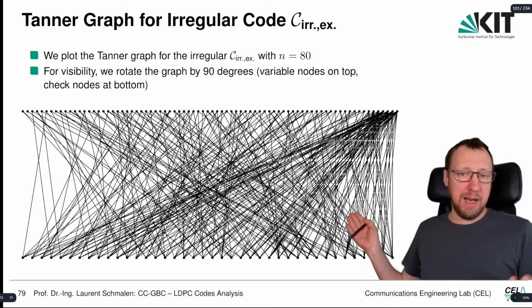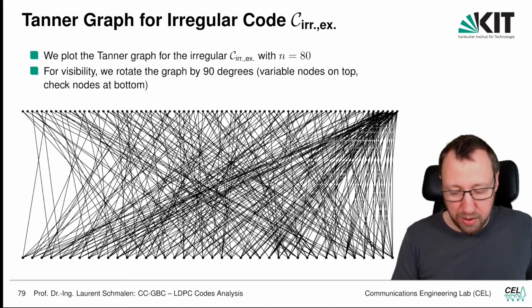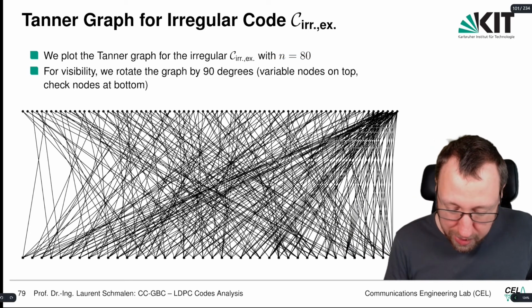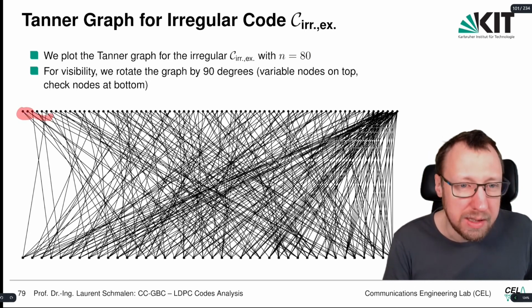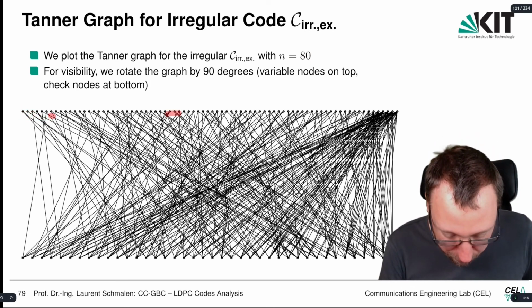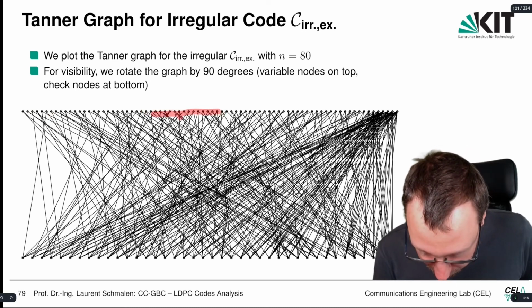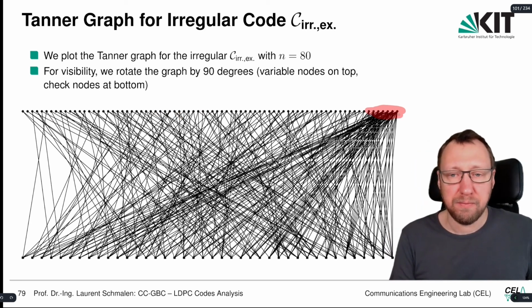Here is an example Tanner graph that you see in the back. We plot it for n equals 80. You can see that here we have variable nodes of degree 2, if you look closely. Here we have variable nodes of degree 3, and here we have variable nodes of the higher degrees, 11 and 20.